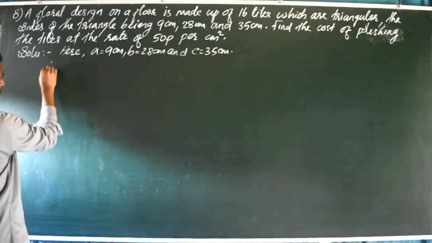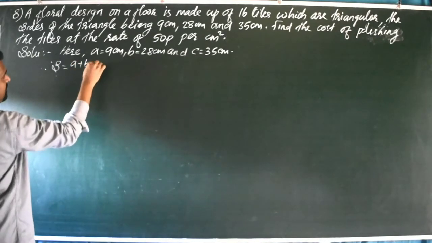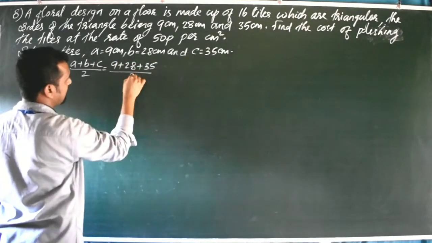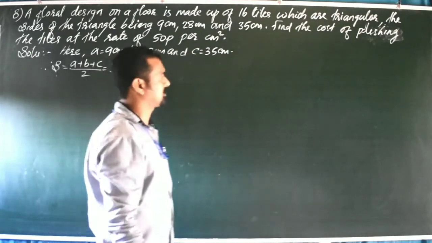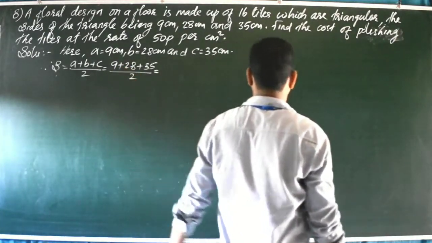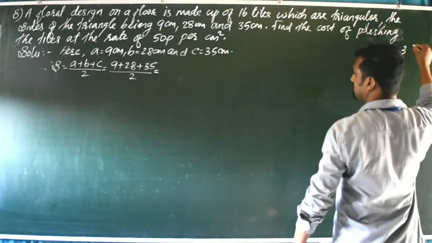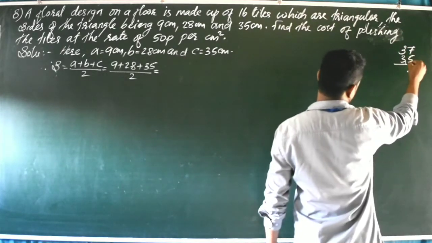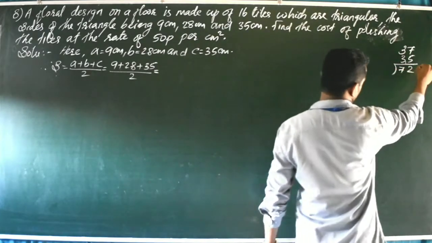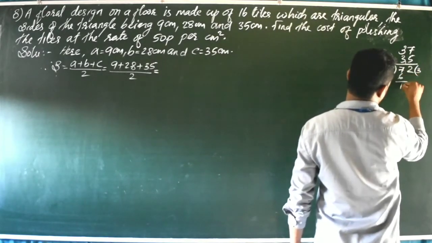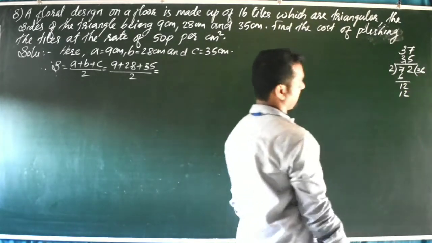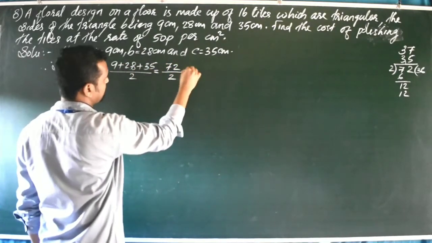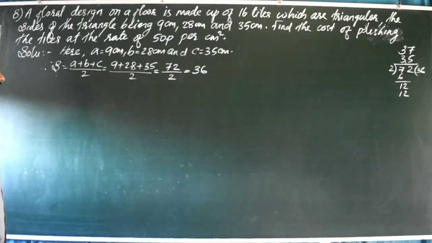Now find out S. Therefore semi-perimeter S is equal to A plus B plus C divided by 2, 9 plus 28 plus 35 divided by 2. 28 plus 9 is 37, plus 35 is 72. 72 divided by 2, 3 2s are 6, 12, 6 2s are 12, so that will come 36. So semi-perimeter S is equal to 36.